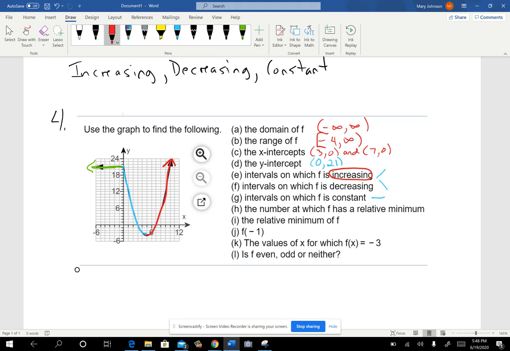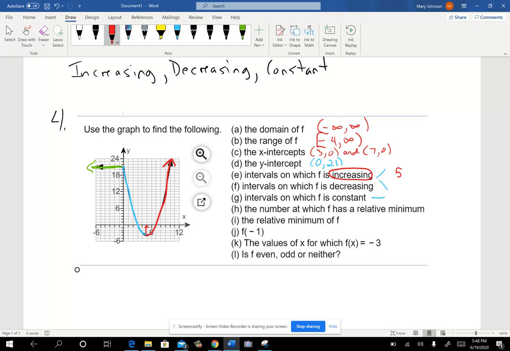All right, what you do when you talk about the intervals on which f is increasing, you're reporting the x values for which the function is going up. So we're really looking at the x values here and as it goes up. So that is right there at 5.